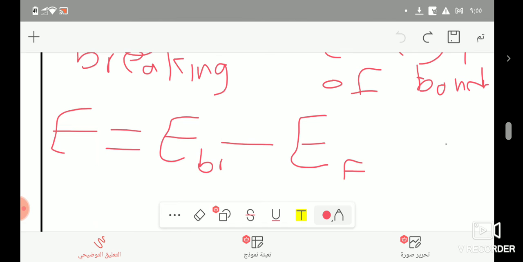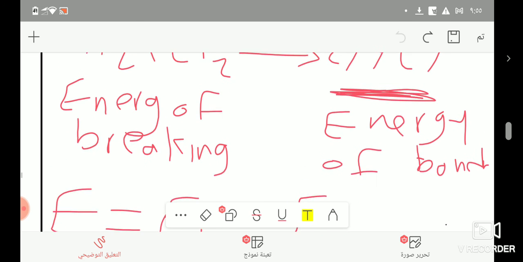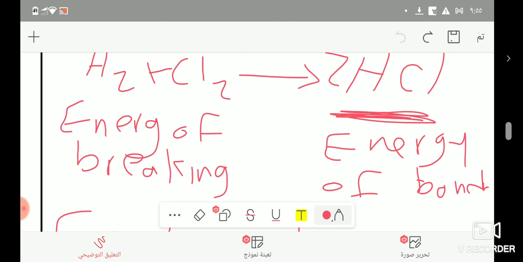If we have energy for breaking bonds between two hydrogen atoms, the energy required for breaking the bond between two hydrogen atoms is 436, and the energy required to break the bond between two chlorine atoms is 242.